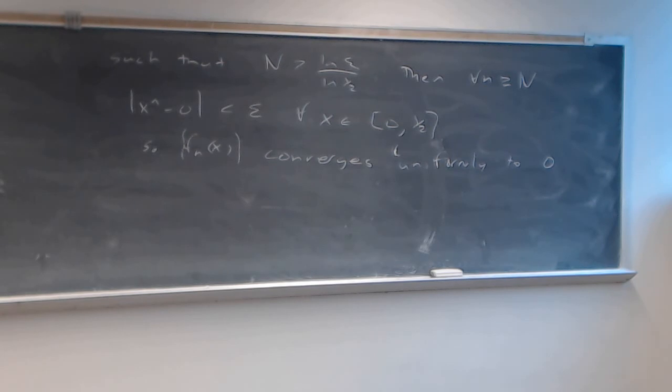But problem 6 says, if f sub n converges uniformly, then f sub n converges pointwise. What is that saying? It's saying if there's one N that controls all the x's, all the f sub n's of x getting close to f of x, if there's one N that does it for all of them, then there's an N that does it for each. That's all that's being said. So we just have to write it nicely. Okay? But that's the idea. It's easy. Is that okay?